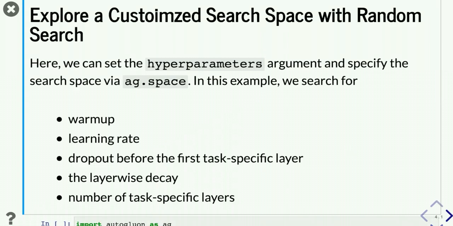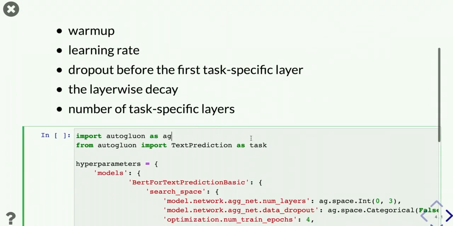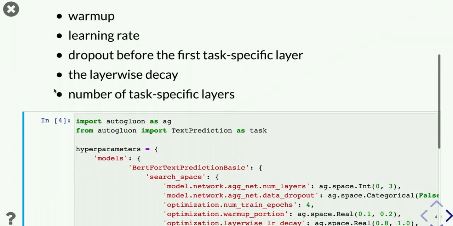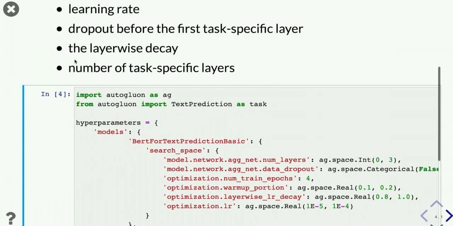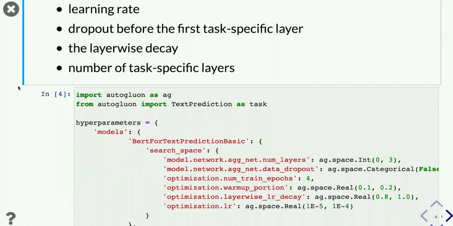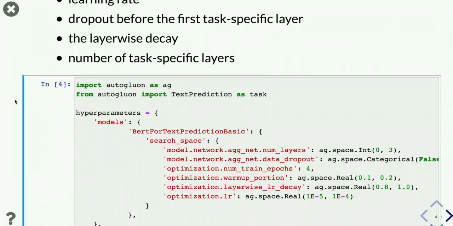In this example, our goal is to search for some hyperparameters like warm-up, learning rate, layer-wise decay, and number of task-specific layers, and the question is how to do that in AutoGluon. In AutoGluon, we use ag.space to define the search space.